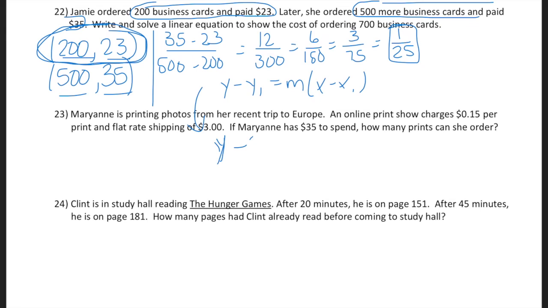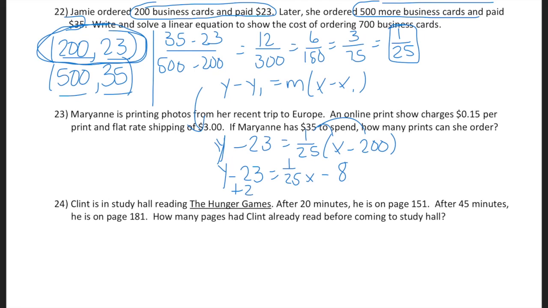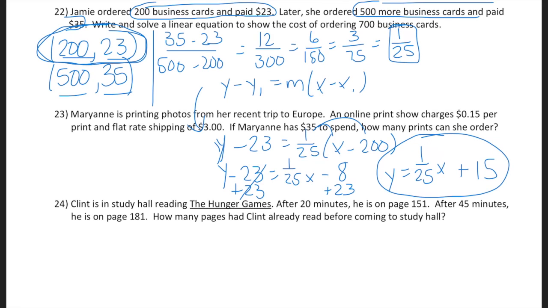So y minus 23 equals my slope times x minus 200. Distributive property, 1/25 x. 200 divided by 25 is 8. Add 23 to both sides. And we get y equals 1/25 x plus 23 minus 8, 15. Okay, now that I have this equation, I want to know the cost of ordering 700 business cards. So I'll substitute 700 right here.